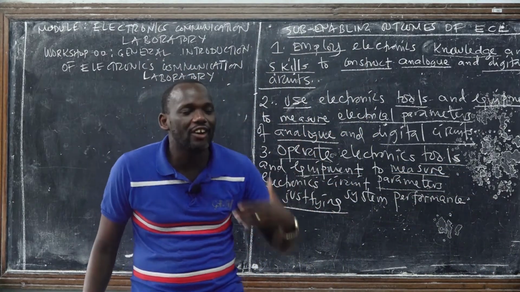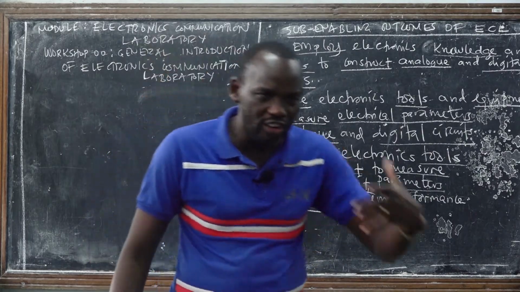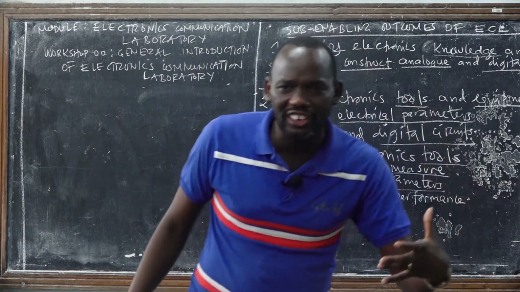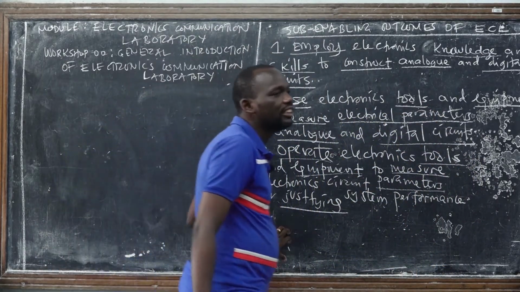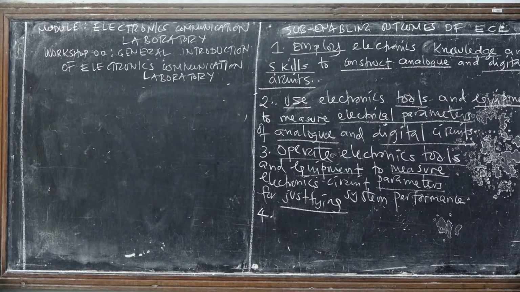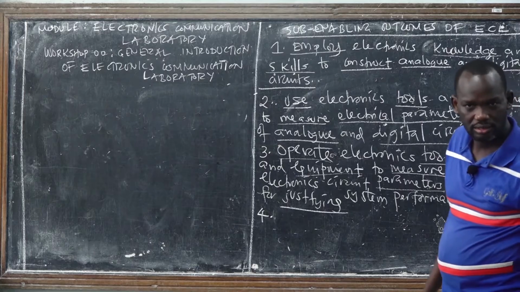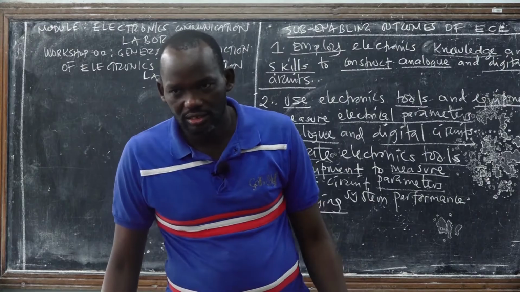You should not say, okay, my circuit is working because I expected the LED to be on, so because the LED is on, the circuit is working. No. You have to judge the performance of the system that you have designed in terms of numbers, in terms of electrical parameters.